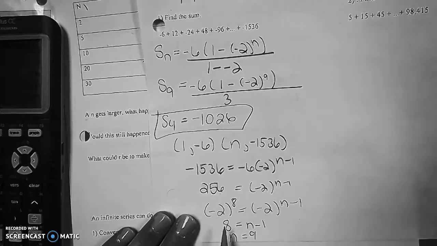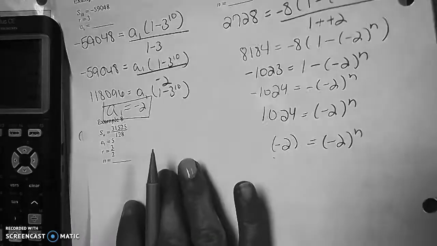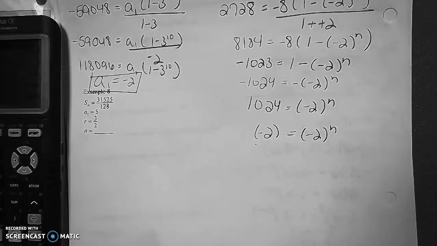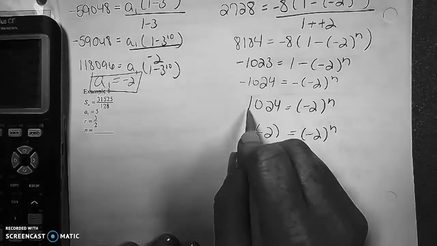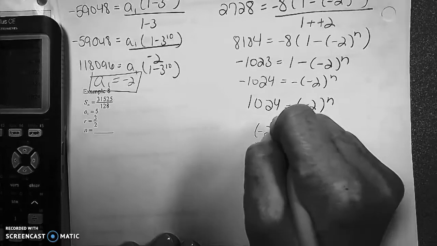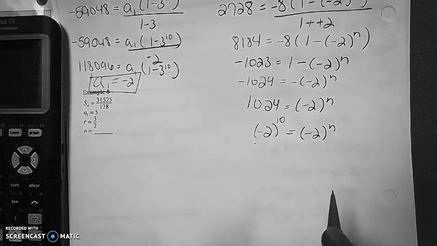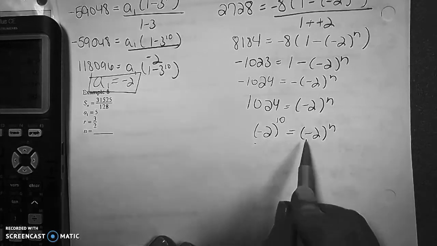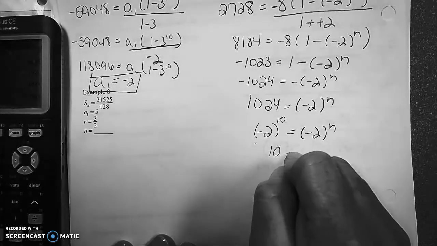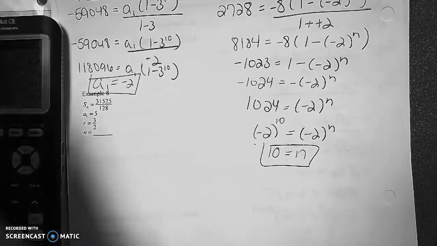So 256 was negative 2 to the 8th. So I'm thinking ahead there. We know it's bigger than 8. You can take your calculator and figure out what that would be, and I've kind of already told you what it would be. 1024 is negative 2 to the 10th. So for these equations to be equivalent, the bases are the same, which means the exponents have to be the same. And so there N is 10.